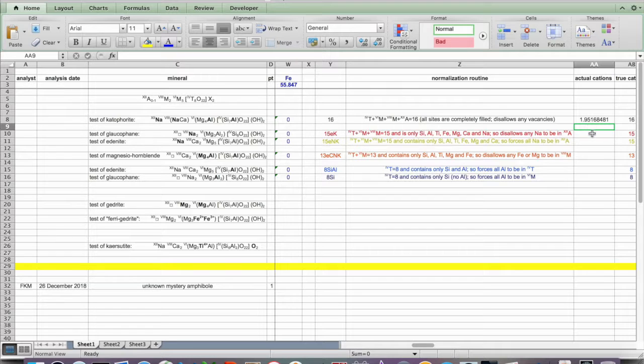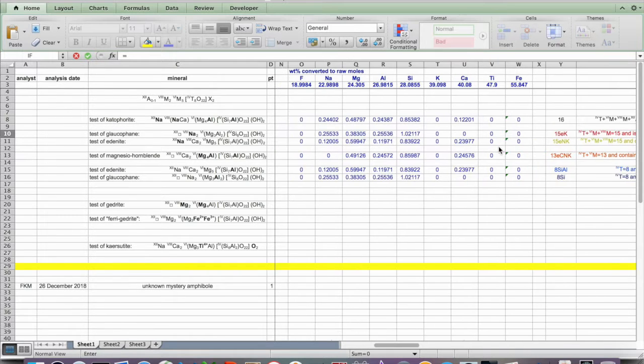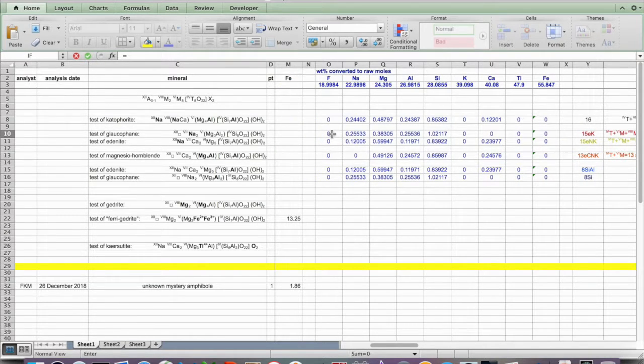Okay, so let's go on to the next one here. So this instruction says we want all of the cations excluding potassium. Okay, so that's EK, excluding potassium, and we want them to add up to our 15. And so we go back to our cation list here. And again, do we want fluorine?